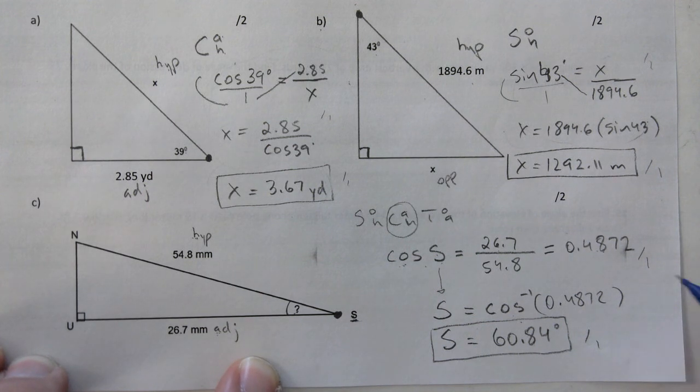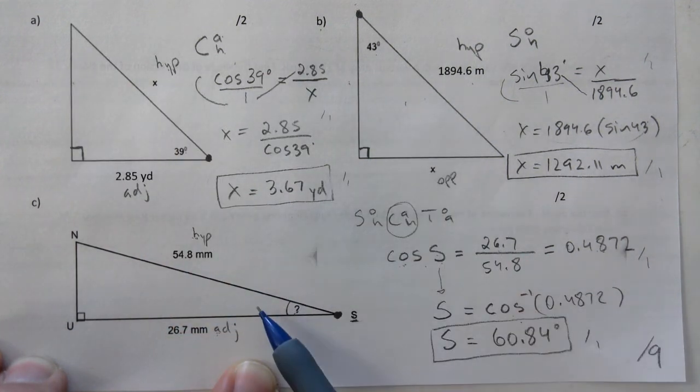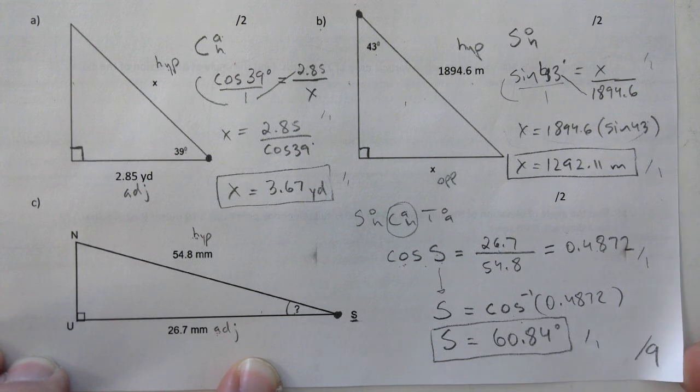So this page right now, we are out of 9 here. So 1 and 2 combined would be worth 3, because A, B, and C, they're each worth half a mark, right? And then question 3, each one of these is worth 2 marks. So it's a total of 9 right now, first page.